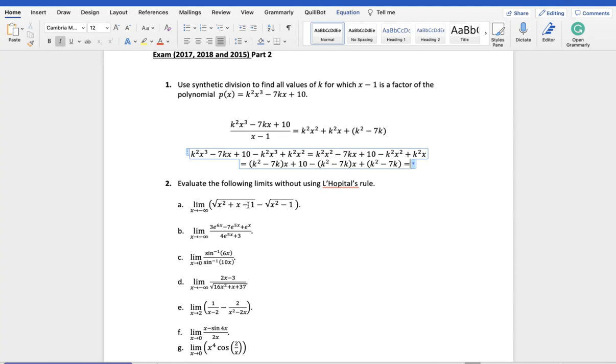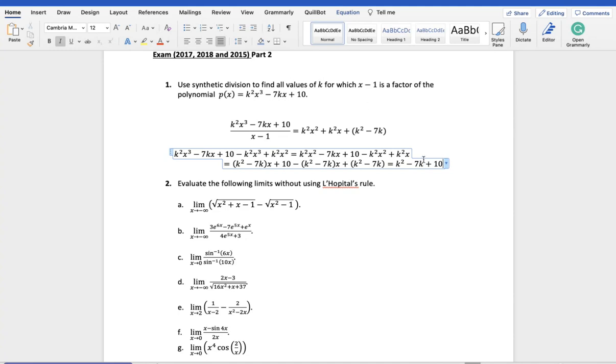Now you eliminate the terms in x. You will only be left with k squared minus 7k plus 10. And remember the criteria for x minus 1 to be a factor.